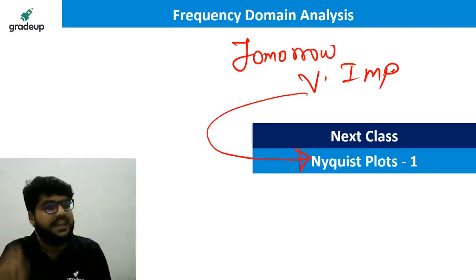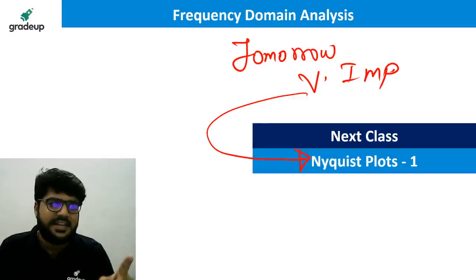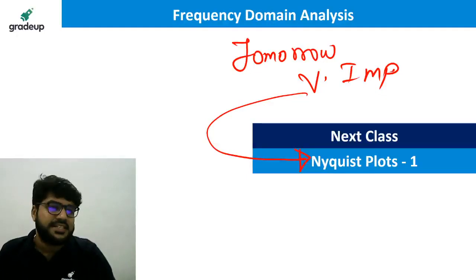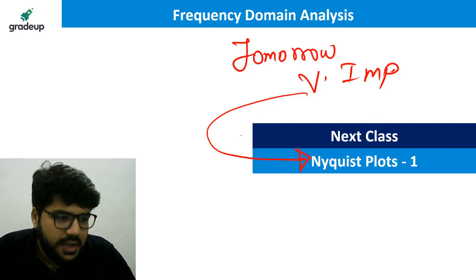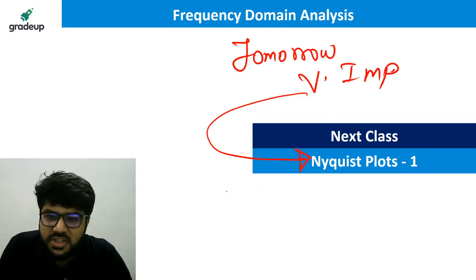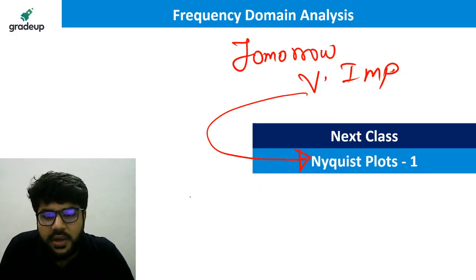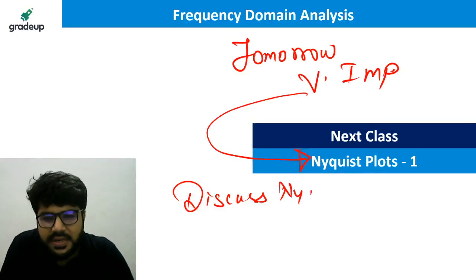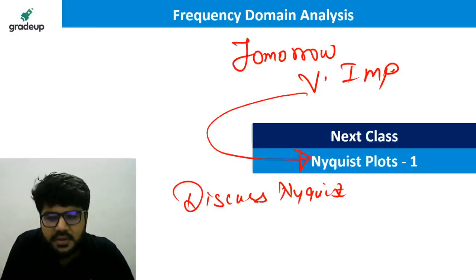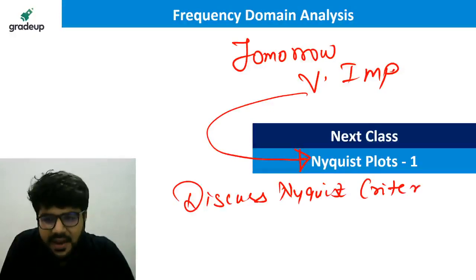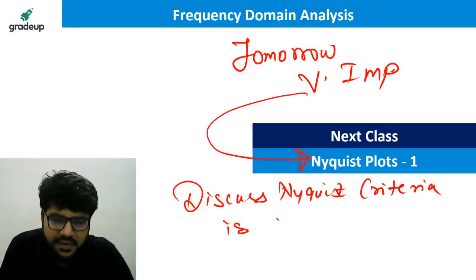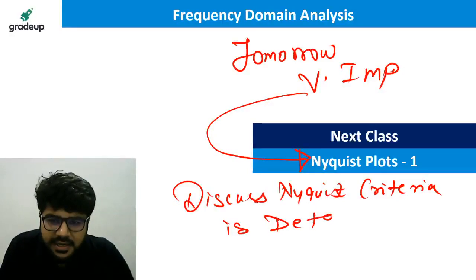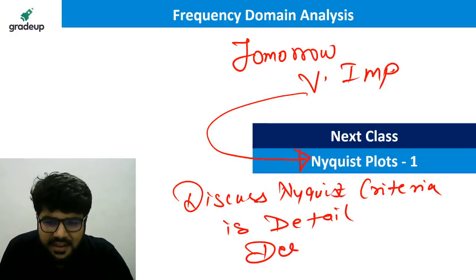Those who are not live today, if they are your friends, inform them because you need to attend this class live only. In tomorrow's class, we are going to discuss the Nyquist criteria in detail, with derivation.